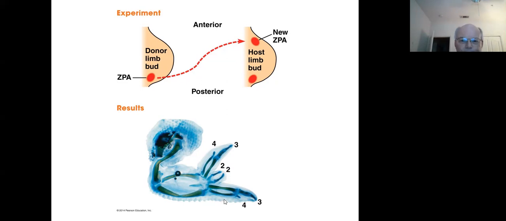And so you've got two posterior sides. Remember, posterior is the little finger, the pinky on our hand. So that's it there. And so this is the pinky equivalent, number 4.